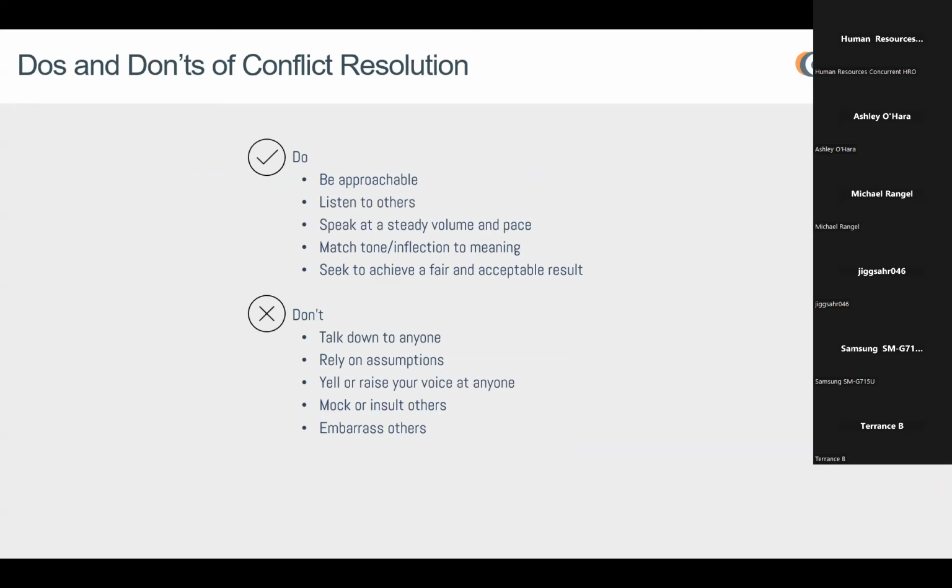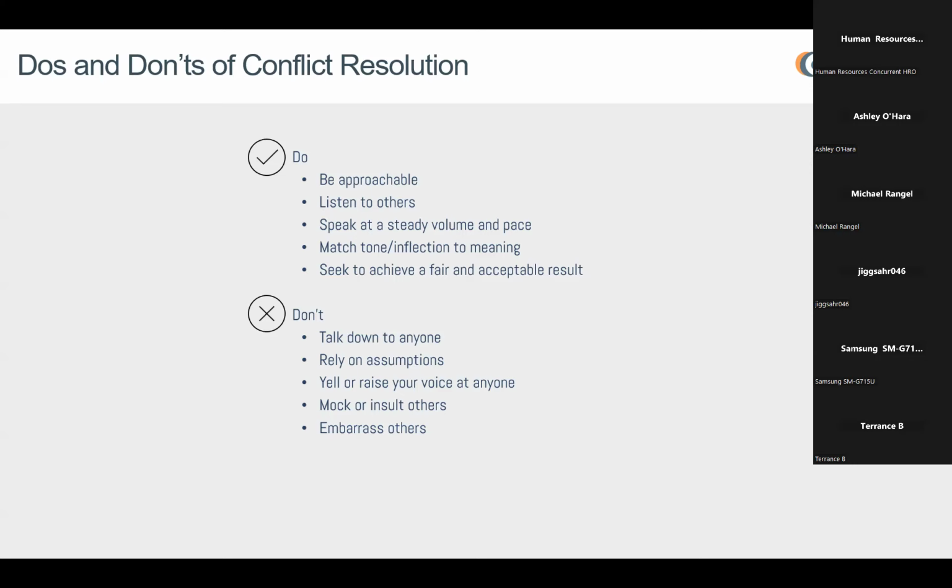All right, moving on. The do's and don'ts of conflict resolution. These are the behaviors that we do or do not want to see. So, in conflict resolution, be approachable. Open door policy. Listen to others.